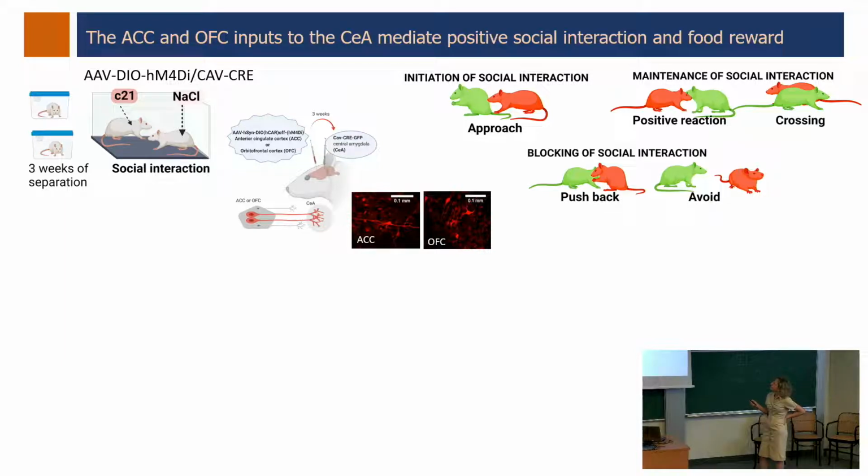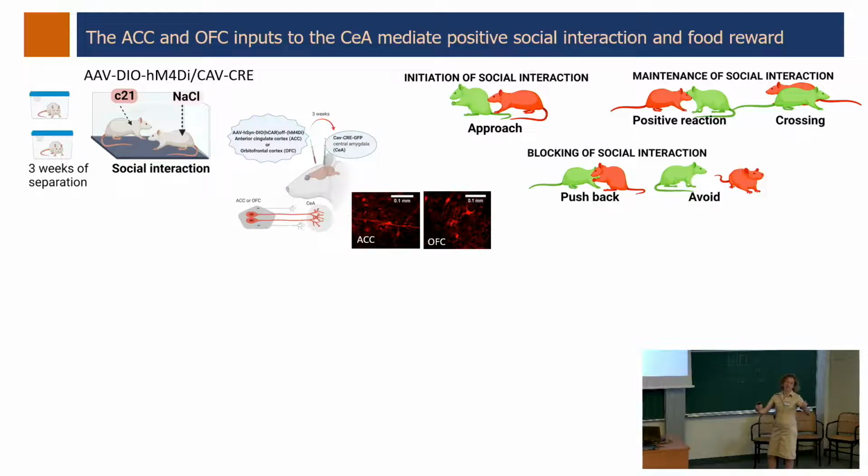So we look at the initiation of social interaction, so how the animals approach others and start the interaction, and a number of behaviors that serve maintaining of social interaction, like positive reaction to the partner that is approaching, crossings, but also we look whether the animals are trying to stop the interaction.